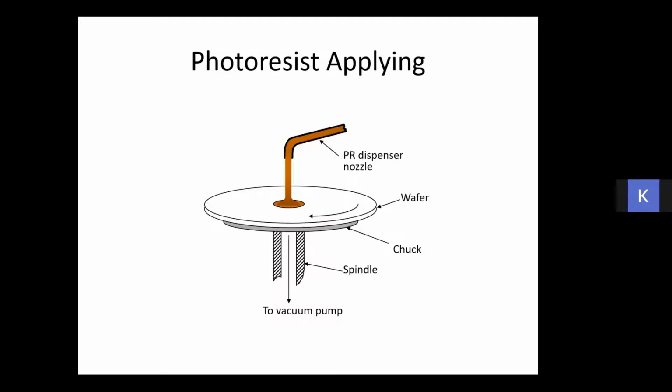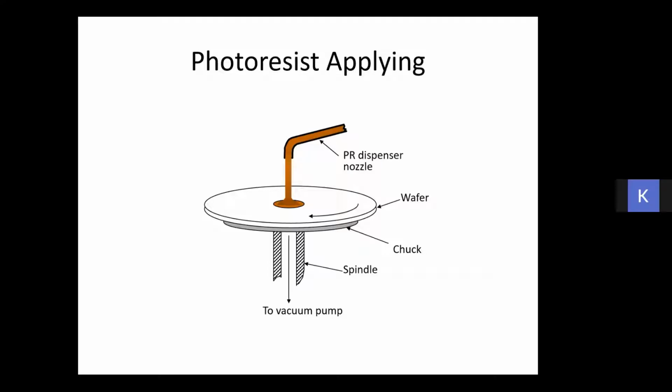Now you put your wafer on a chuck or a plate. This chuck has to be connected with a vacuum pump, because you have to keep the wafer strongly bound on the chuck. Otherwise, whenever it spins, the wafer will fly away. So that is very important.